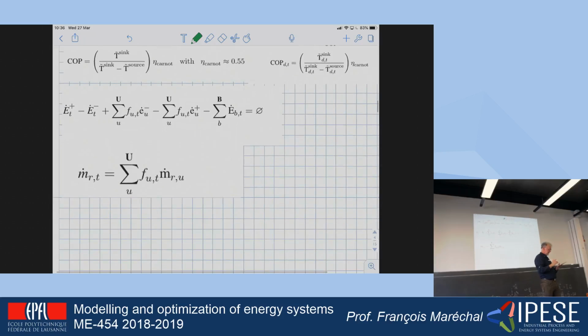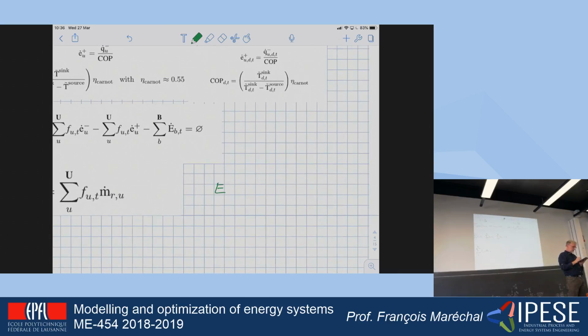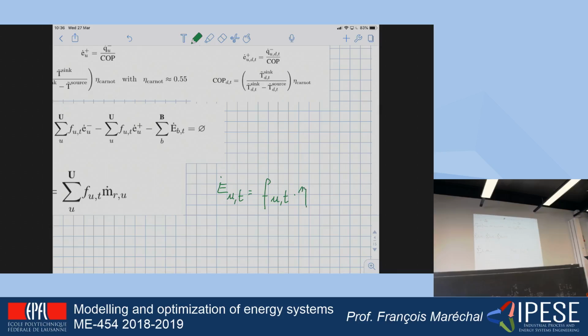So officially, if I'm adding here an equation, I would consider that the electricity produced by the unit U at time t is equal to the factor of utilization of the unit times the electrical efficiency times the mass flow of the resource times the lower heating value of the resource.